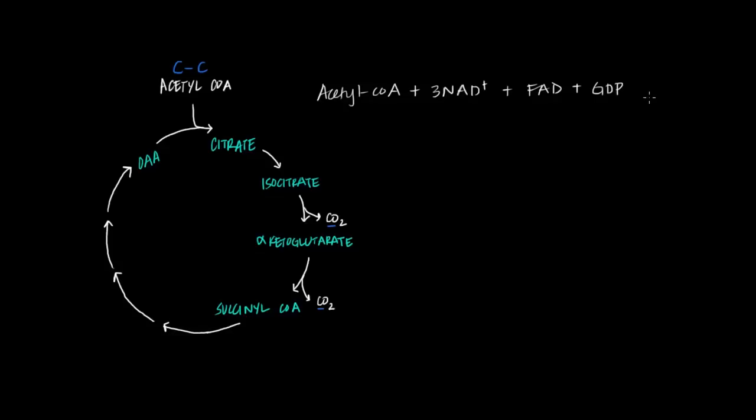Remember, GTP is formed in this cycle as well, and all of this eventually will produce carbon dioxide from the oxidation of acetyl-CoA. We reduce our electron carrier molecules, so NADH and FADH2. We also form a GTP.